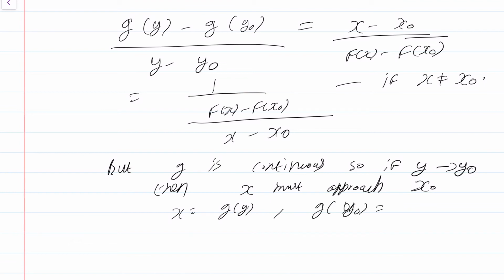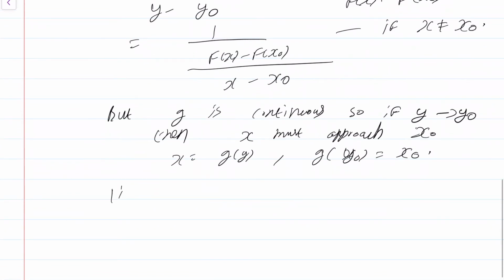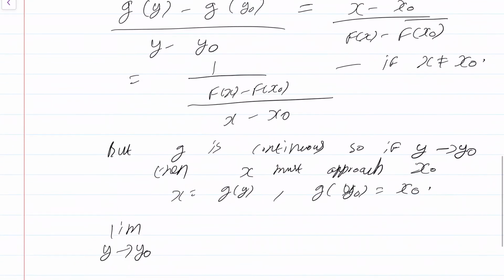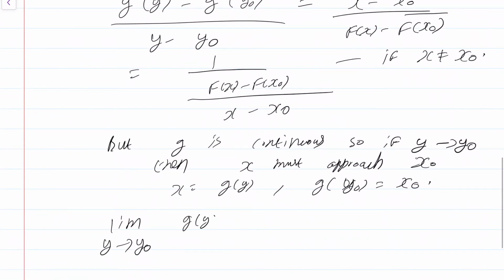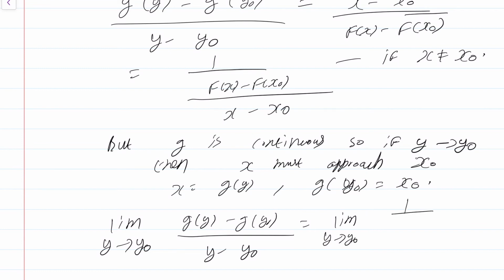Okay, so the limit as y approaches y naught of what we are interested in, the Newton quotient (g of y minus g of y naught) by (y minus y naught), is the same as the limit as y approaches y naught of 1 by (f of x minus f of x naught) by (x minus x naught).